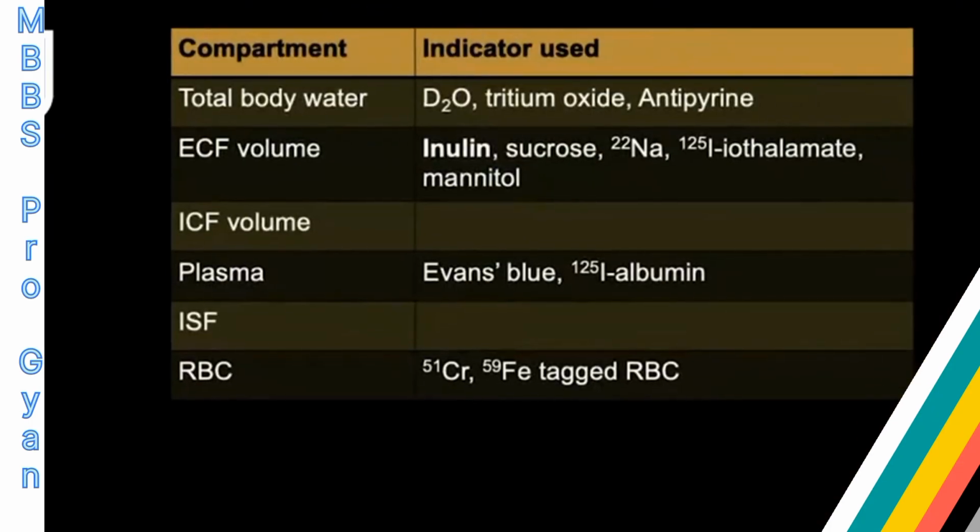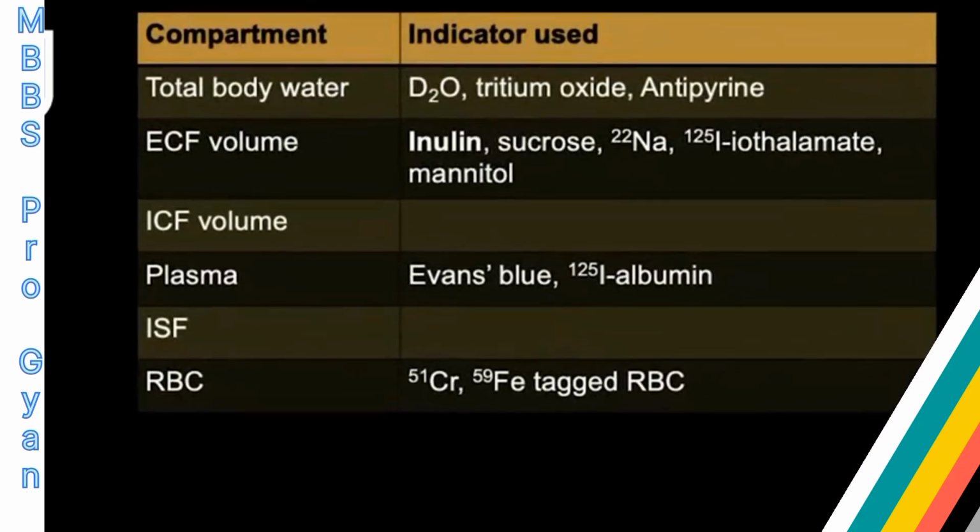Based on this concept, there are certain substances which are used to measure different fluid compartments, and this is a must-know topic for your MCQ, right? Means if I want to measure the total body water of a person, the substances which I will be using are D2O, deuterium oxide, or tritium oxide, or antipyrine.